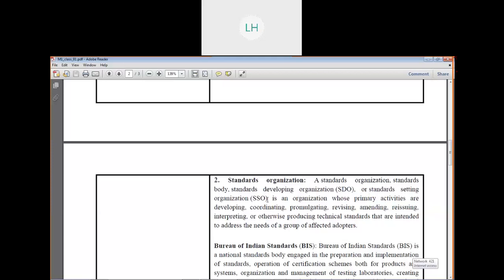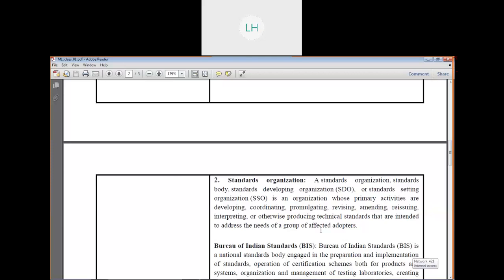It is an organization whose primary objectives are developing, coordinating, revising, amending, reissuing, interpreting, or otherwise producing technical standards that are intended to address the needs of a group of affected adopters. It's a very theoretical definition as per the book.